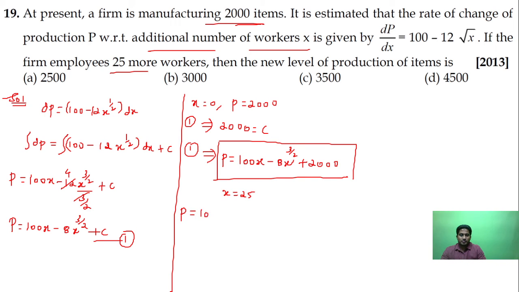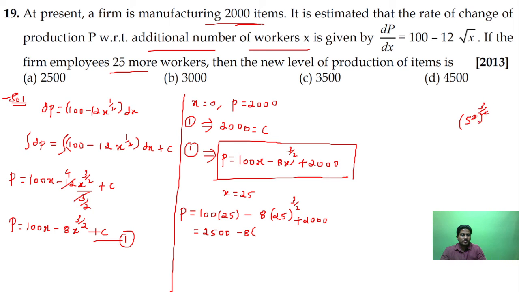So new production will be equal to 100 into 25 minus 8 into 25 whole to the power of 3 by 2, plus 2000. So this is equal to 2500 minus 8 into, 25 can be written as 5 square, whole to the power of 3 by 2.